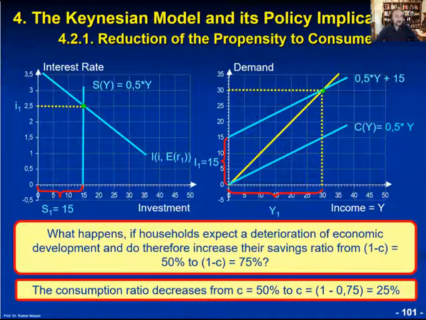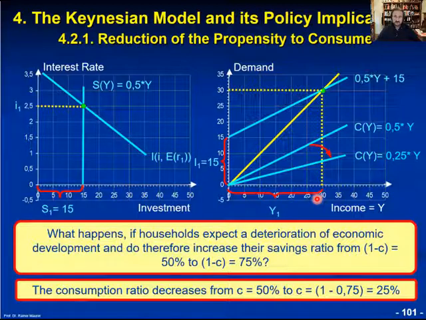The slope of the consumption function gets flatter, so it moves downward. From a GDP level of 30, instead of 15 units, now only 7.5 units, which equals 25% times 30, are consumed.